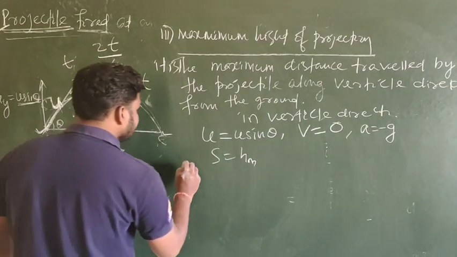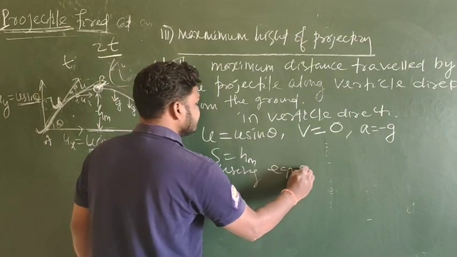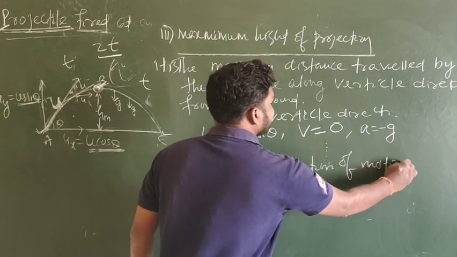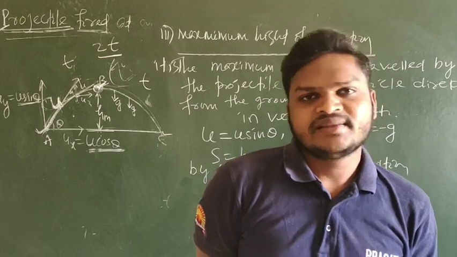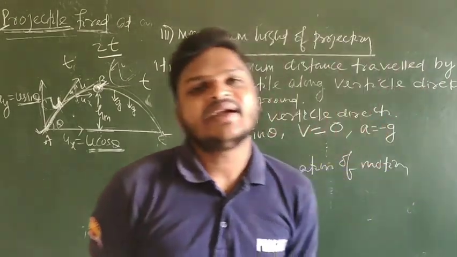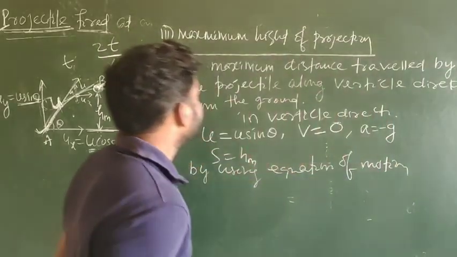So use karo equation of motion. Time of ascent रका जे use haba v = u + at, time of flight रका जे use haba s = ut + ½ at², trajectory path रका जे equation use haba s = ut + ½ at².